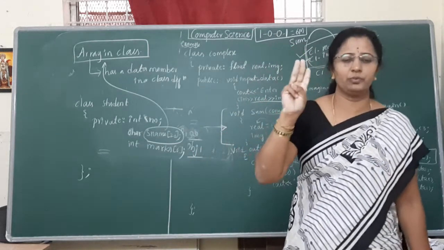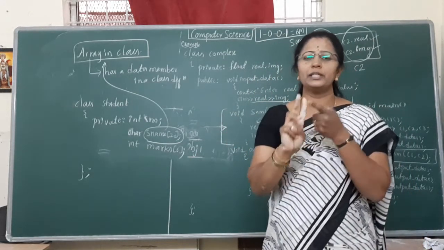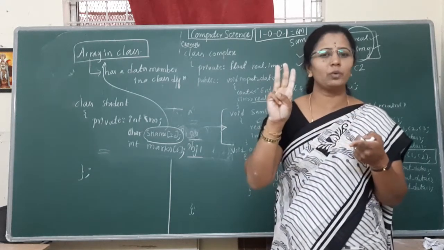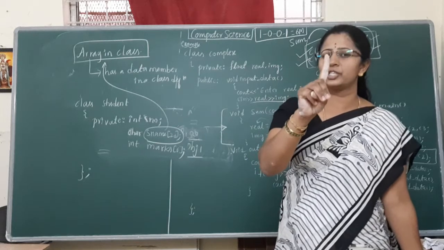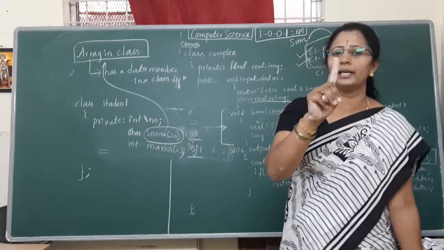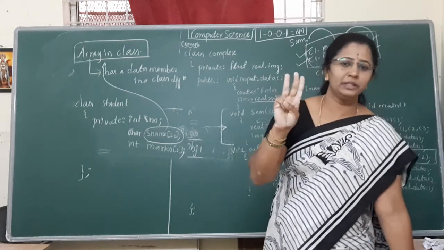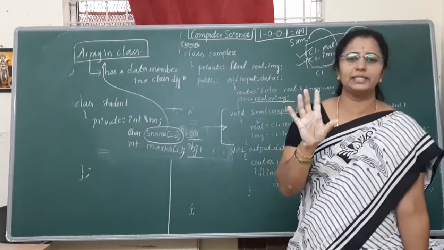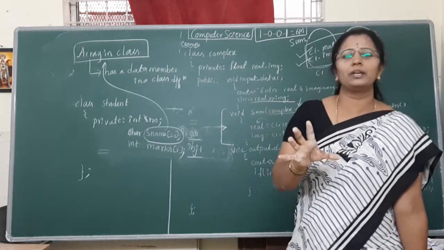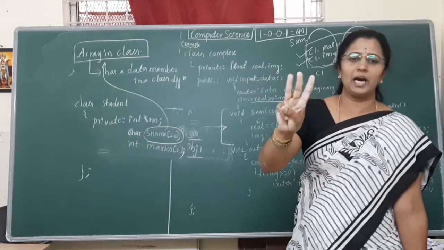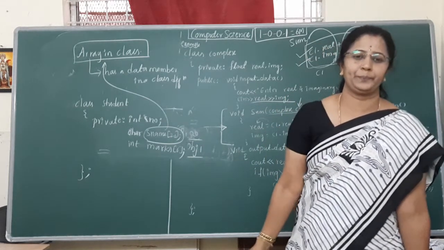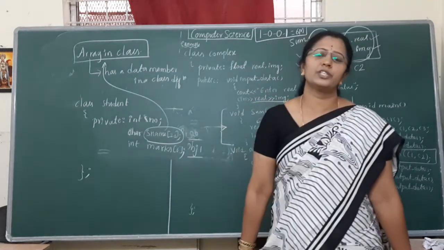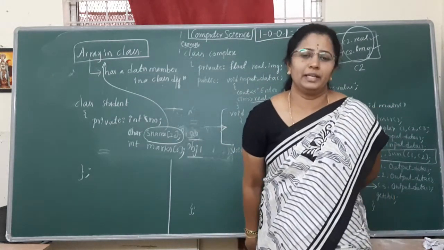Among these three questions, class and object, access specifier, defining the member function, one question is compulsory in your final exam. The way of asking the question may be different, but the answers are only these three. Did you get it, students? So these are the three possible questions for your final exam.